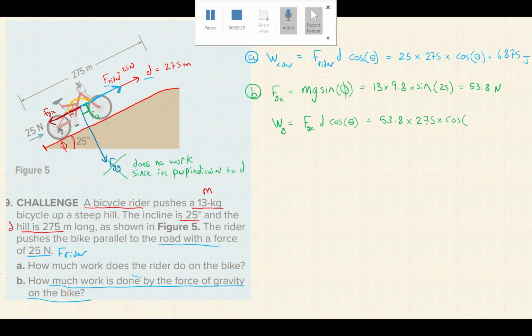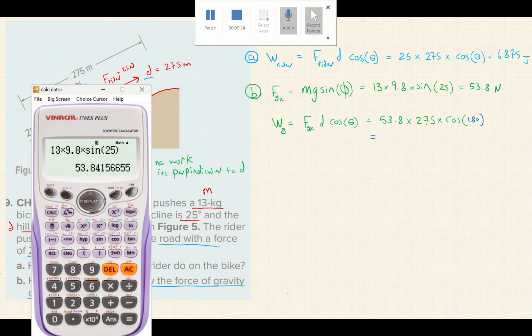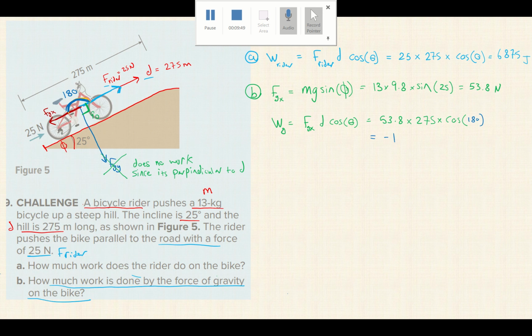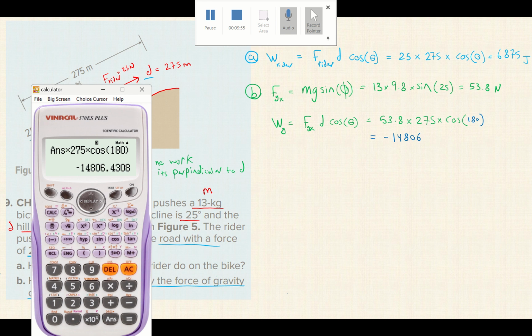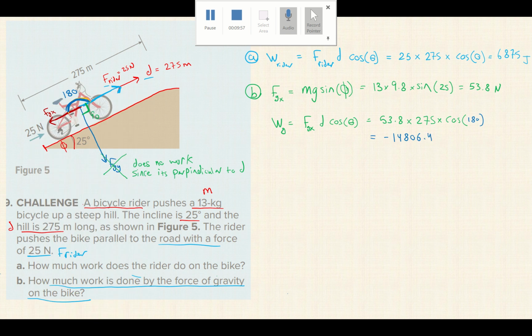The angle between Fgx and D is 180 degrees. Using the calculator, we multiply this number times 275 times cosine 180. Remember, cosine 180 gives you a negative. So it's negative 14,806.4.